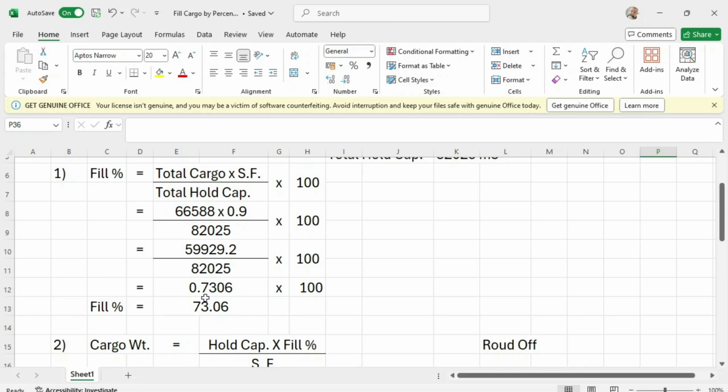Okay, that will be the percentage that you're going to apply when you compute for the weight to be loaded in each hold. So this should be your percentage of 73%.